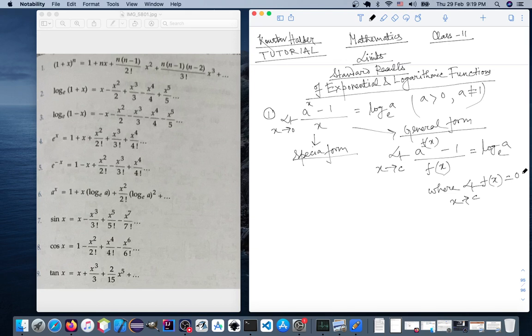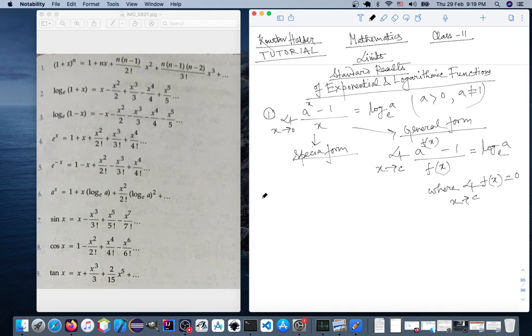So if you have the form a to the power f(x) minus 1 divided by f(x) for x tending to c, it will be log a to the base e if we see that the limit of f(x) when x tends to c comes out to be 0. So this is the first one.